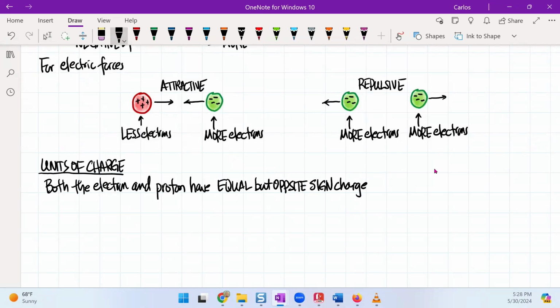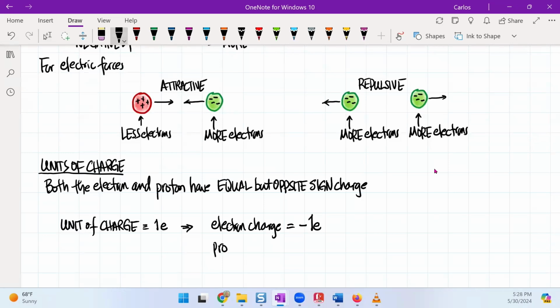And our unit of charge is defined as 1e. So that means here that if I have an electron charge, this will equal minus 1e.